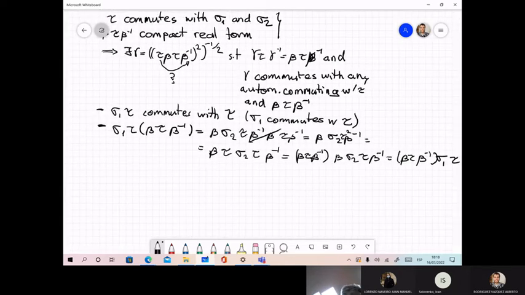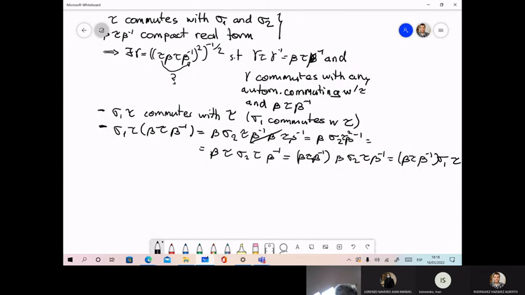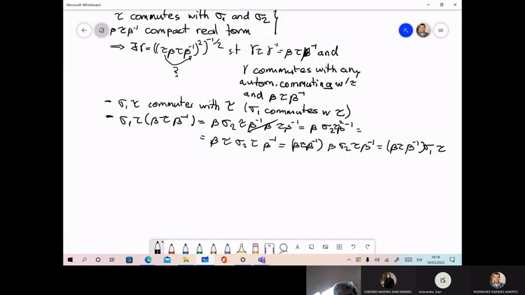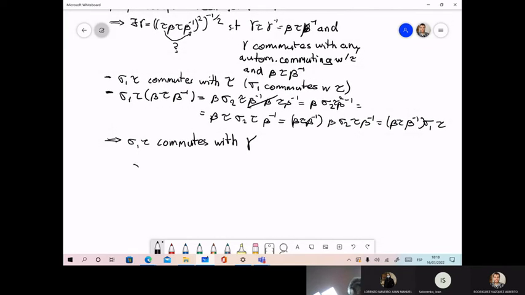My hypothesis, right? Okay, so this was a little bit of a mess, but now since sigma 1 tau commutes with both tau and beta tau beta minus 1, sigma 1 tau commutes with gamma.